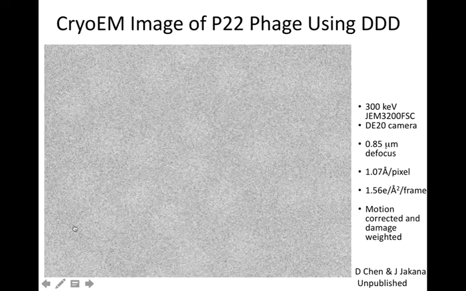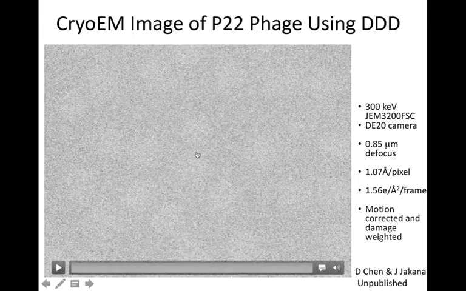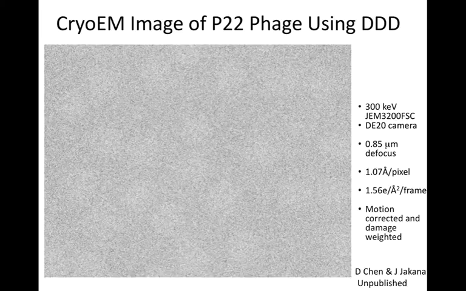And here is a slide to show the image of the biochemically purified bacteriophage called P22. We use one type of direct electron detector called D20. One of the usefulness of such a detector is its very high frame rate.